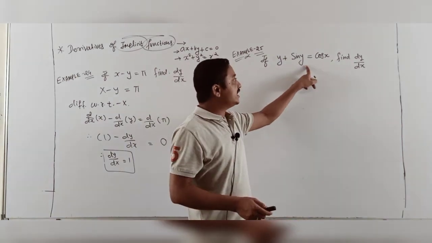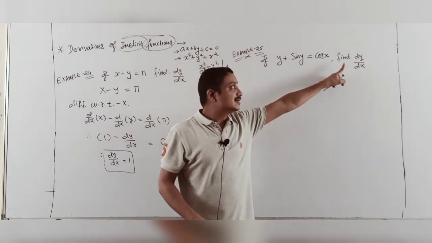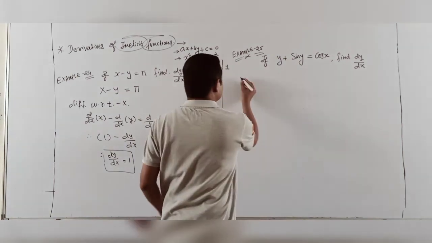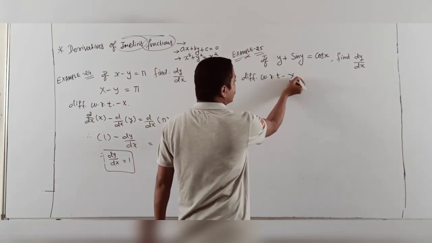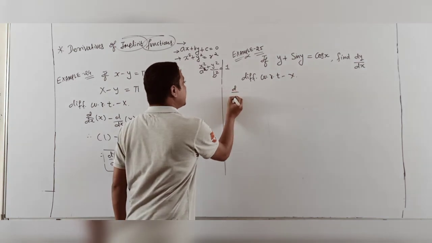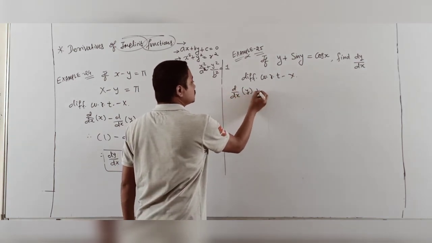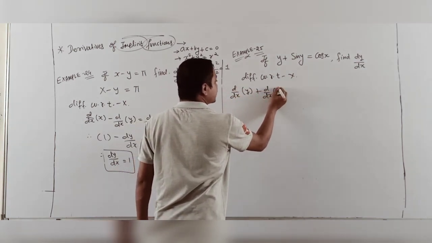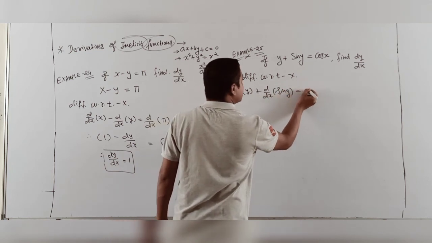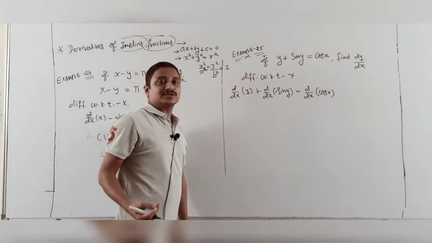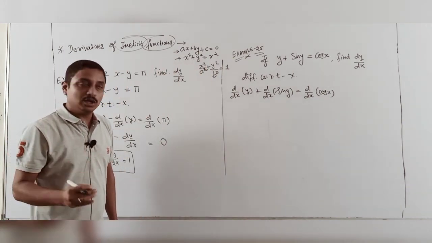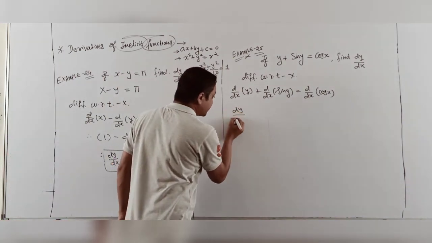One more: y plus sin y is equal to cos x. Find out dy by dx. So differentiation with respect to x. d by dx of the first term, d by dx of the second term, and d by dx of cos x. That is simply applying our rule. The first term gives dy by dx.